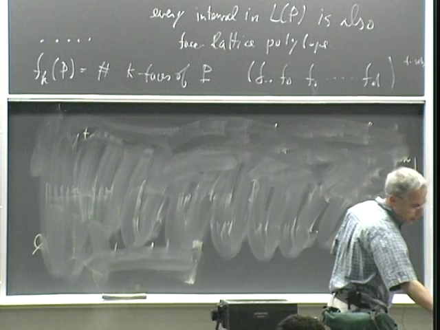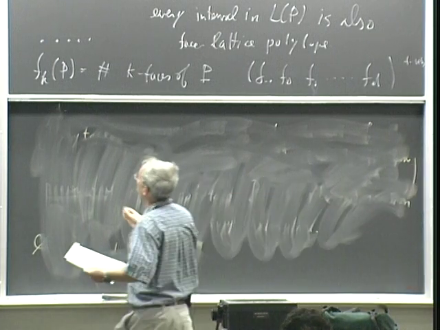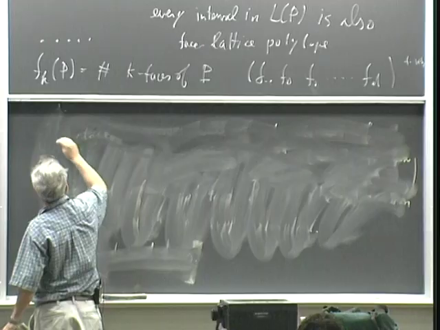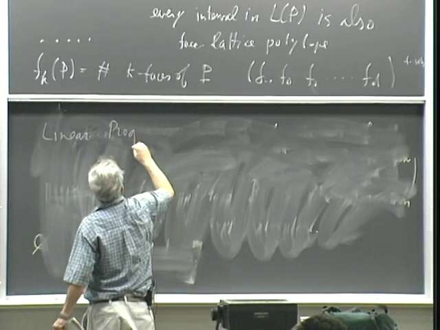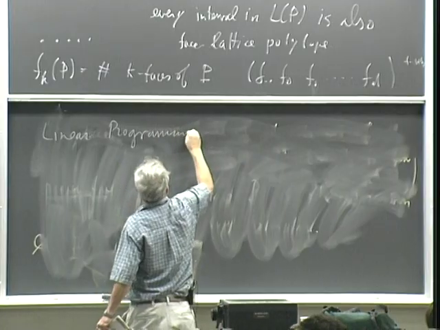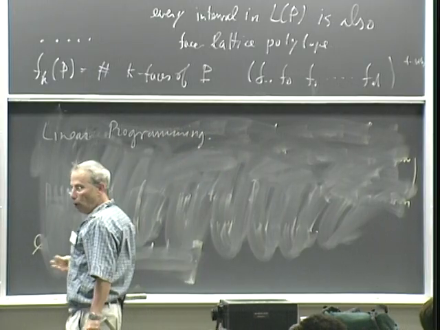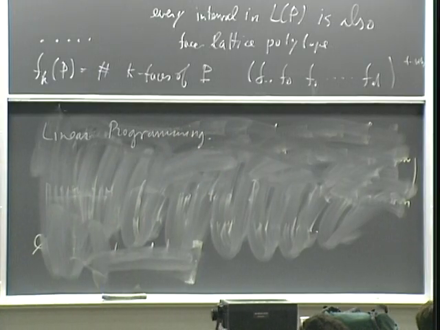The next important source of problems is linear programming: combinatorial problems about polytopes which arise naturally from the theory of linear programming. I'll mention a few of them later.